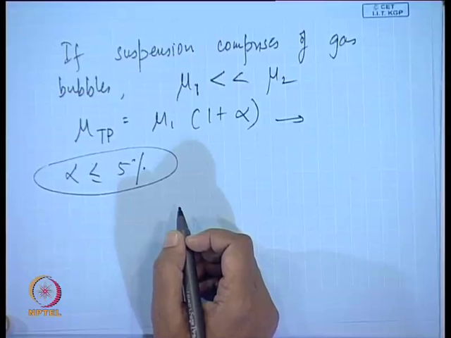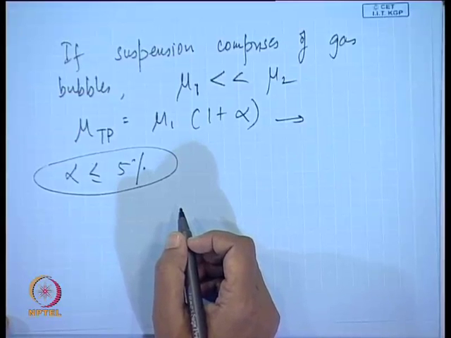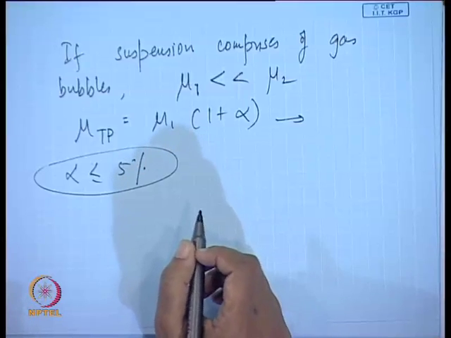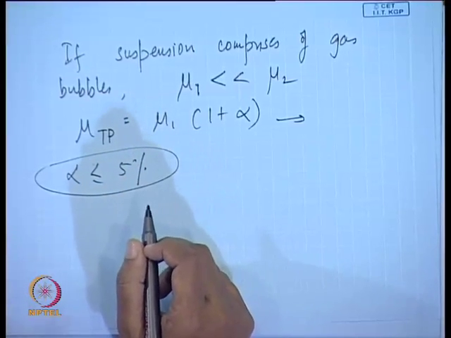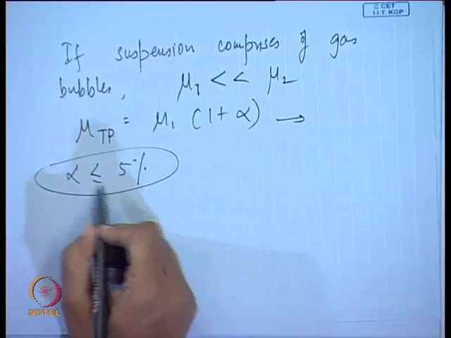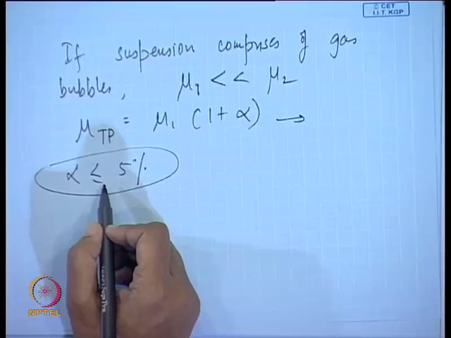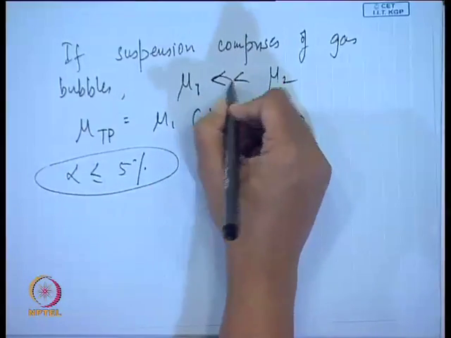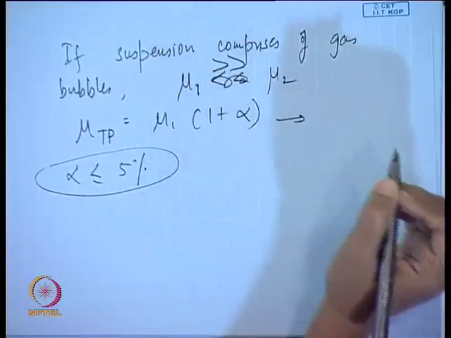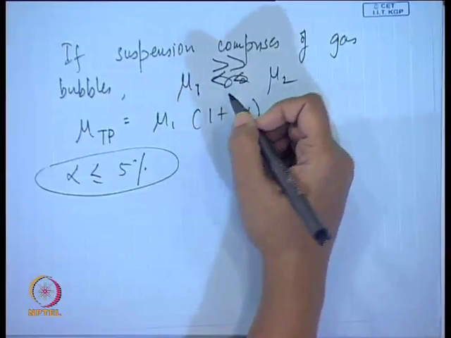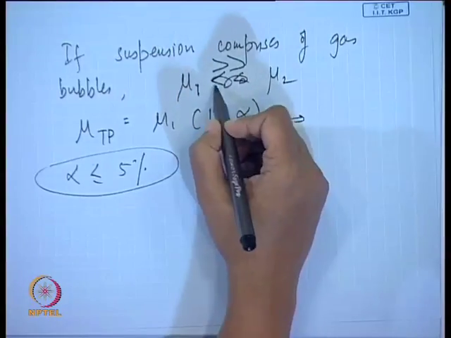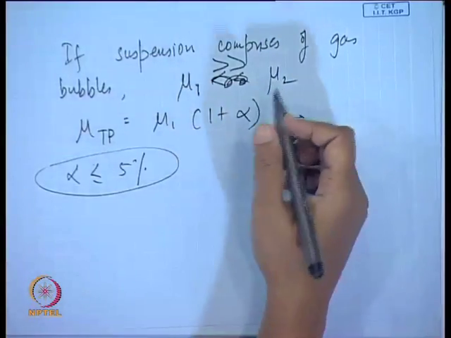So, for such a situation what should we be doing? For such situations numerous rheological models are available. Very sorry, for the bubble case, mu 1 is much greater than mu 2.